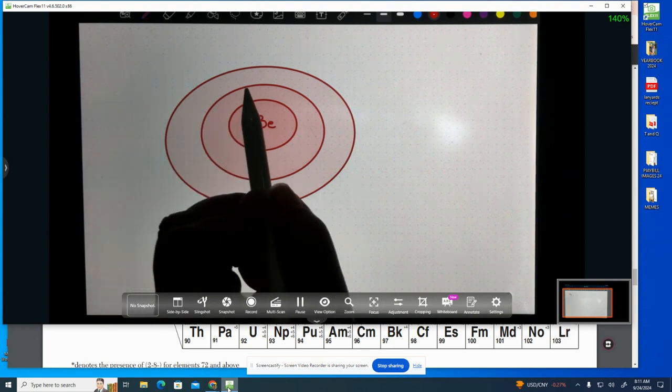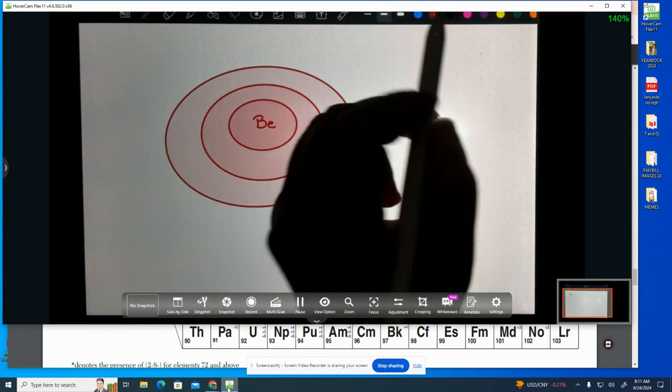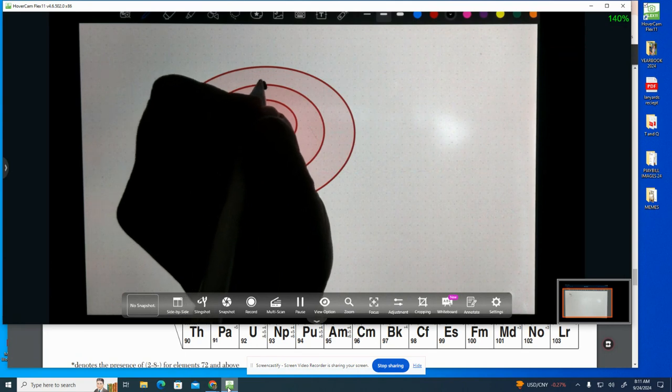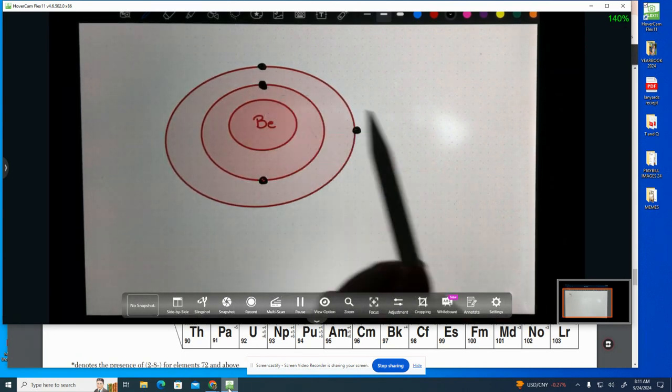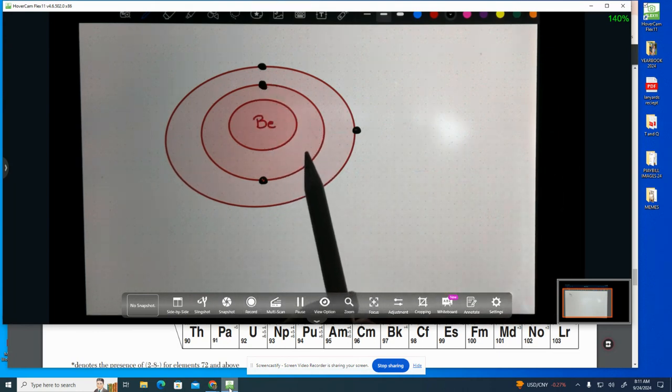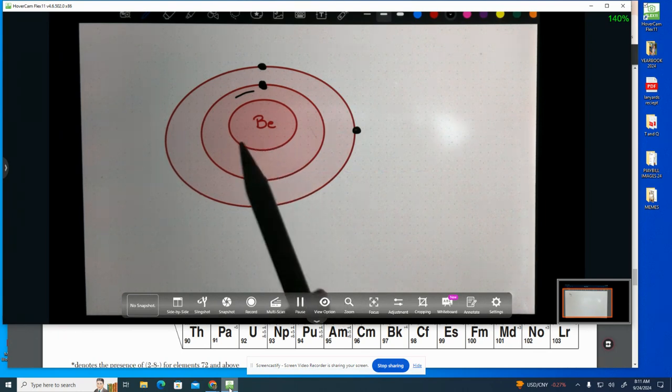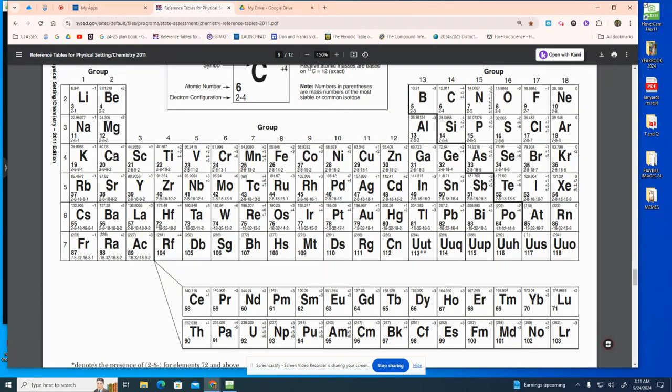So if I have 2 electrons in this first ring, I'm just drawing them black, and 2 electrons in my second ring, and I lose those 2 electrons, is this ring full? Why? It's the first ring, and how many electrons can the first ring hold? It can only hold 2. So beryllium's kind of a little bit different in that it doesn't want 8. It'll be perfectly happy with the 2 because it's still a full shell on the outset. Okay. But all the others, they lose that too.